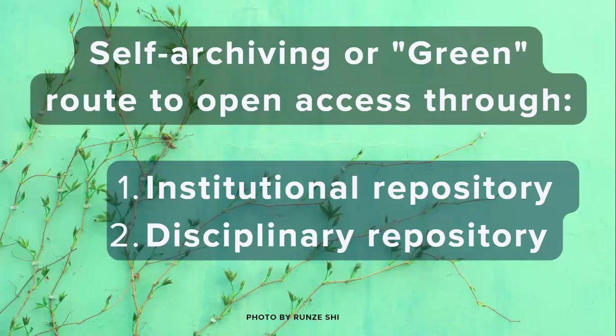So when you deposit an article you produced, or your group produced, in your institutional repository or in a disciplinary repository, this is the green route to open access. I need you to focus on a little piece of information: in the green route, normally the document you're depositing is not the final published document, the one published by the publisher you've submitted the work to, because you need to read the obligations.